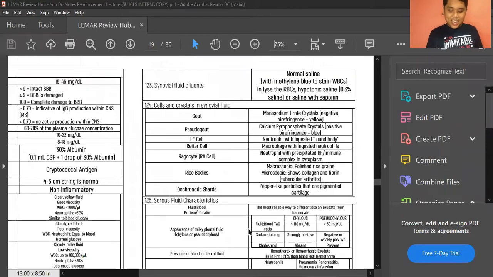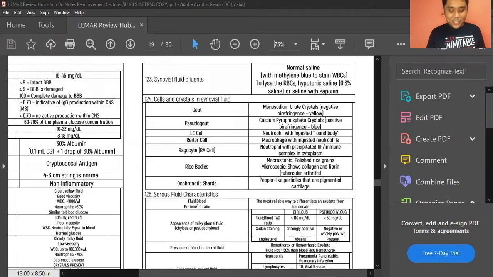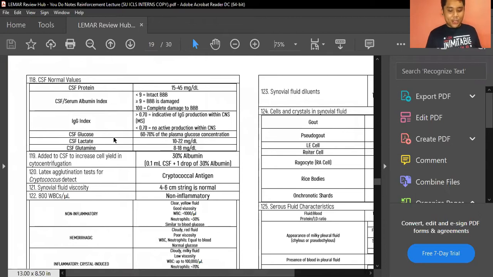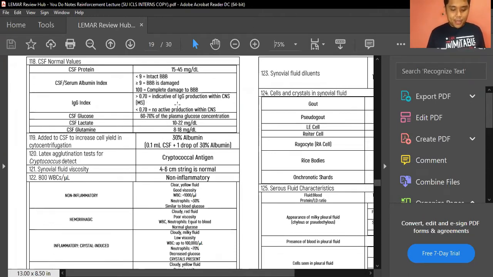Next, you have the CSF normal values. CSF protein is 15 to 45 mg per dL. For the CSF serum albumin index, less than 9 is an intact BBB, or blood-brain barrier. Greater than or equal to 9 means the BBB is damaged, or the ranges in your notes. And 100 is complete damage to the BBB.